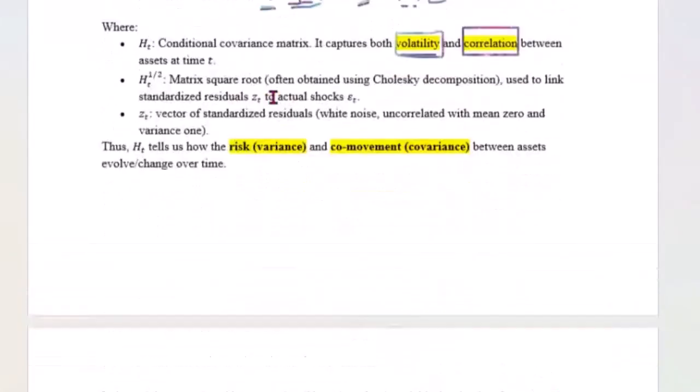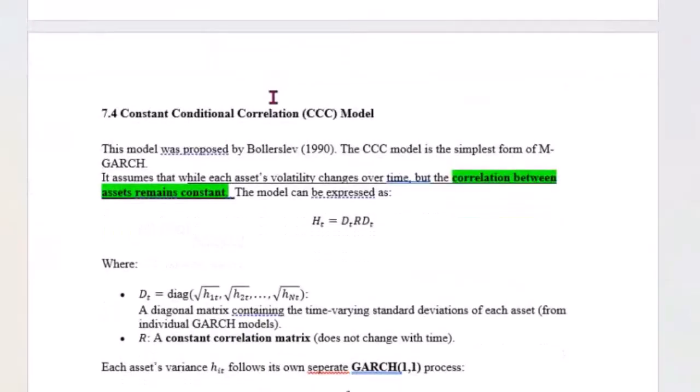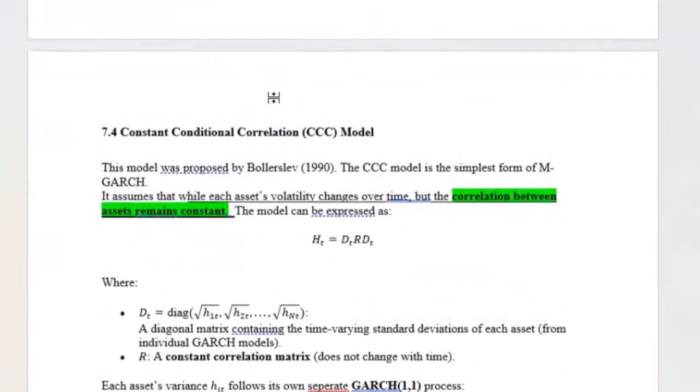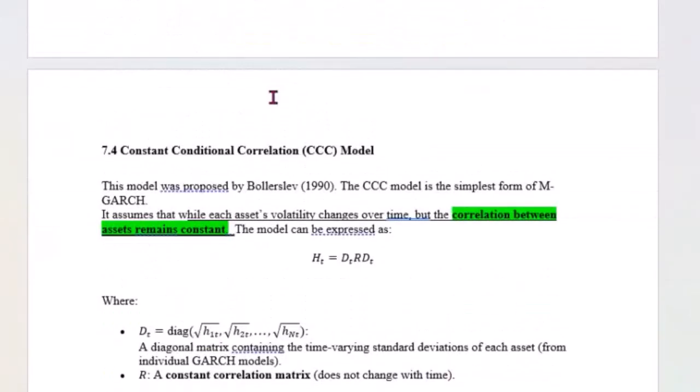And then we can continue to the next section, the constant conditional correlation model.